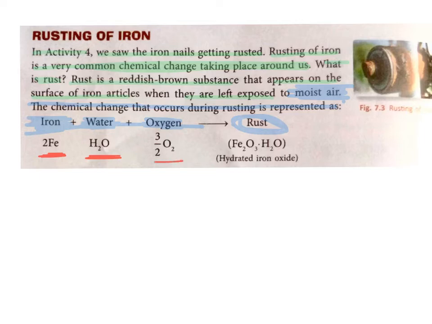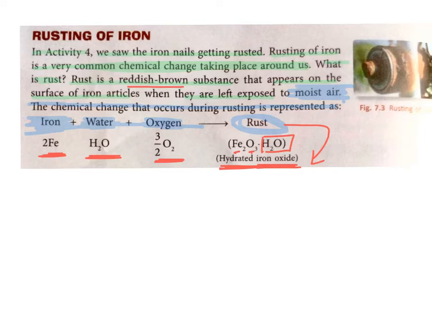So when they combine with oxygen gas, they produce Fe2O3.H2O. The chemical name of rust is hydrated iron oxide. This hydrated means the water molecule is along with iron oxide. So see children, iron oxide in its hydrated form is reddish brown in color.